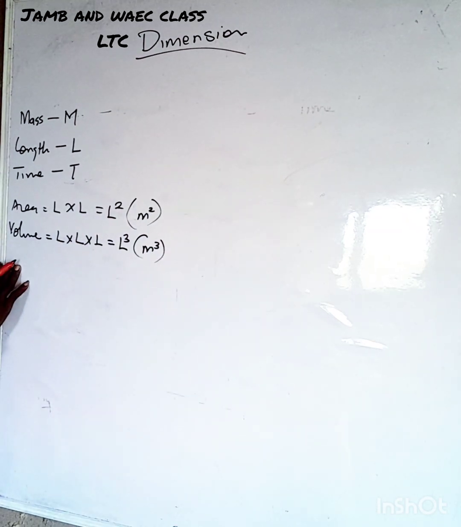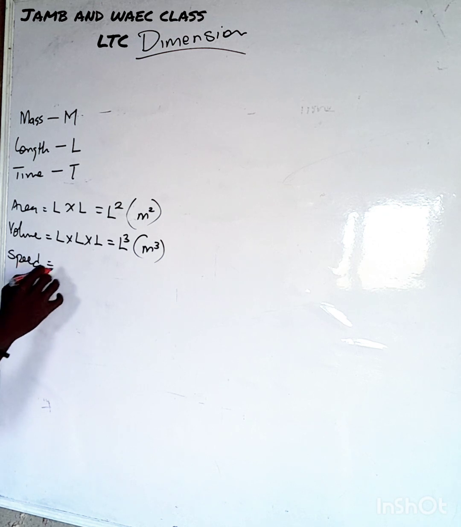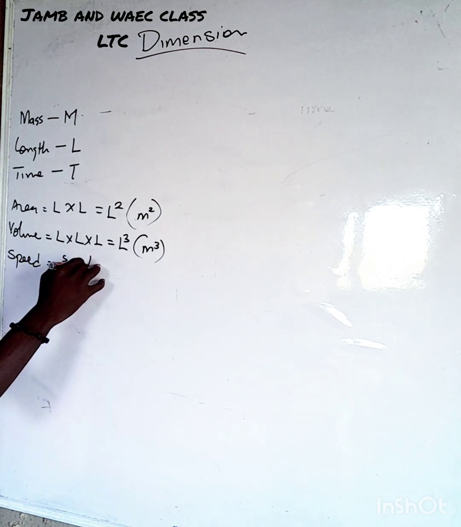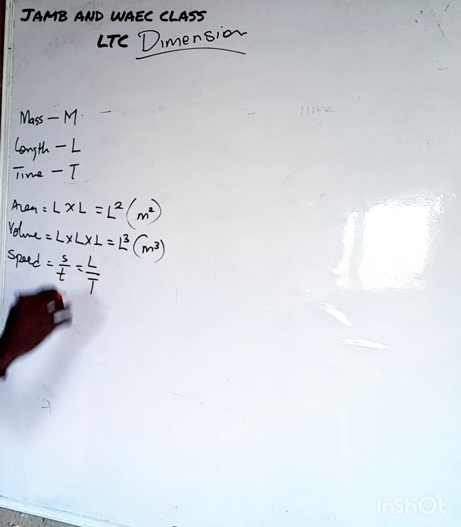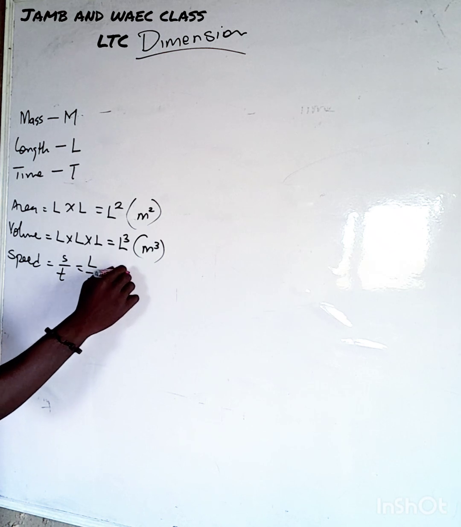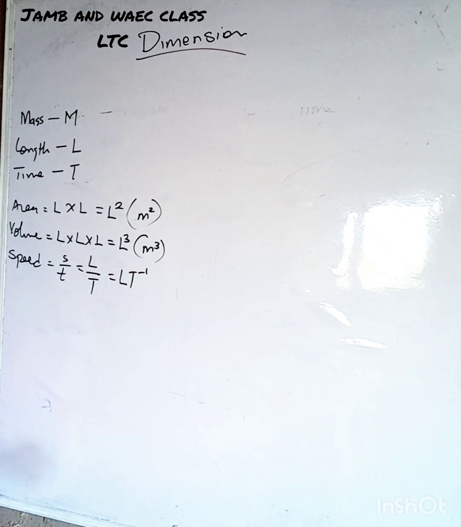If you are given something like speed, to find the dimension, it will be distance over time. Distance is measured in length, over time, which is measured in T. It will give you length per T. Am I right? Yes.